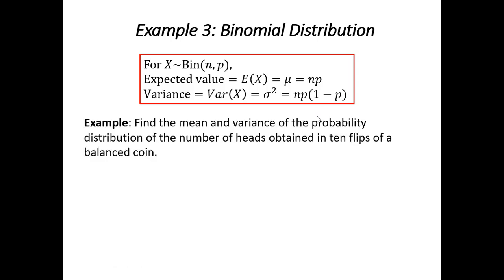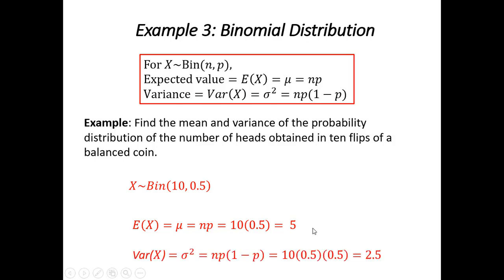So, for example, suppose we're asked to find the mean and variance of the probability distribution for the number of heads obtained in 10 flips of a balanced coin. So, we know x is binomial, the number of trials is 10, and p is 0.5. So we get our mean, n times p, is 10 times 0.5, which is 5.